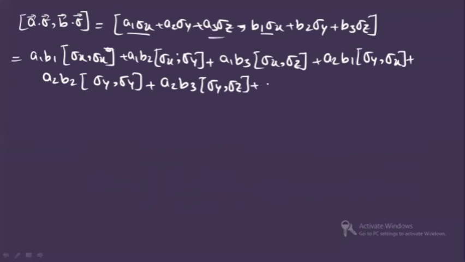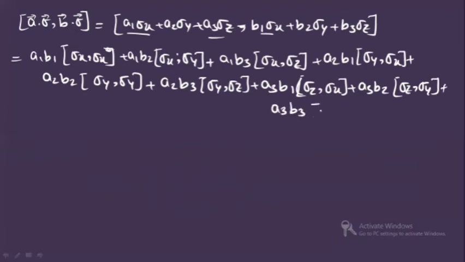Similarly you will do the third term. You will have A3 B1 σz comma σx. Again A3 B2, you will have σz comma σy. Plus A3 B3, and you will have σz comma σz.